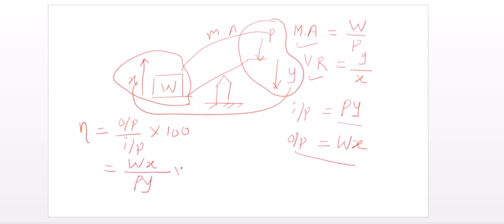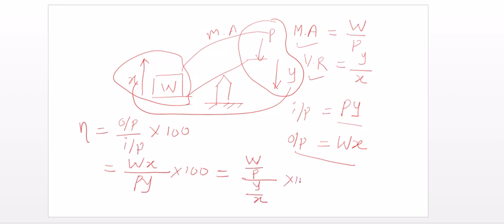If I simplify this, it becomes W divided by P divided by Y divided by X, into 100.